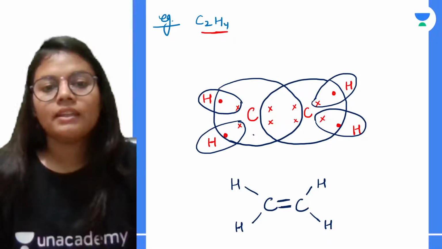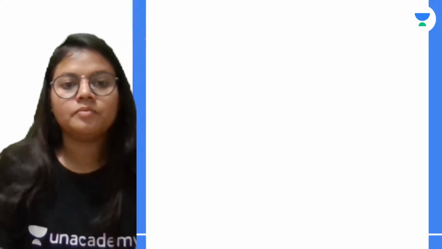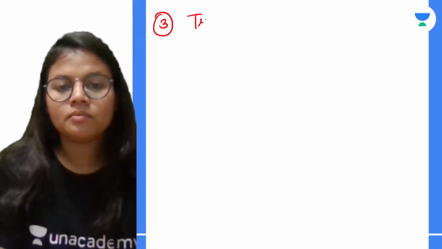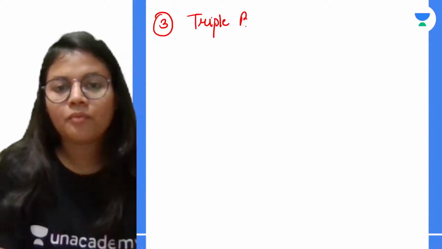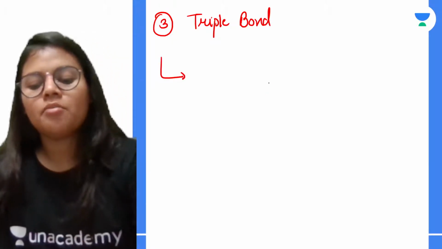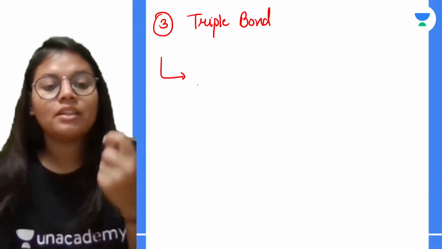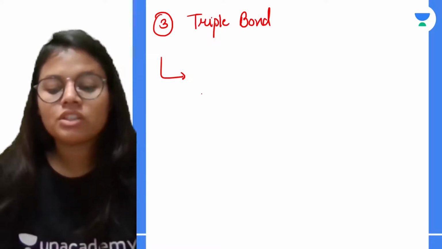Okay, next category is a triple bond. So what is a triple bond? In triple bond, at least one pair should be having 3 pair of electrons shared.